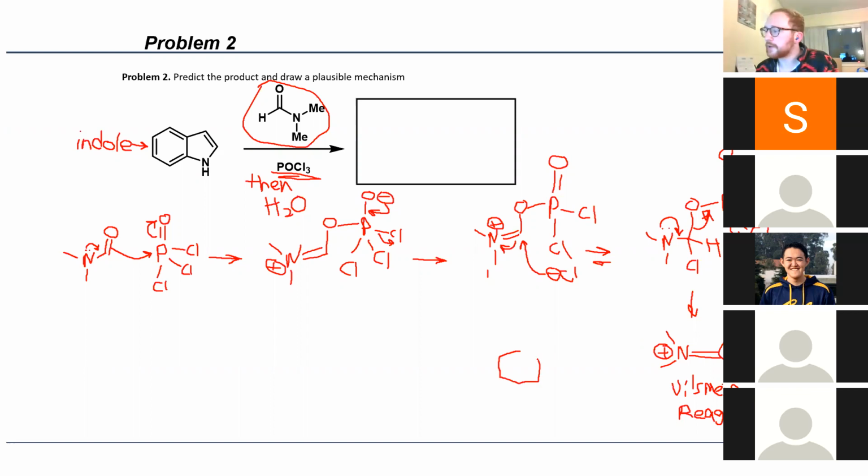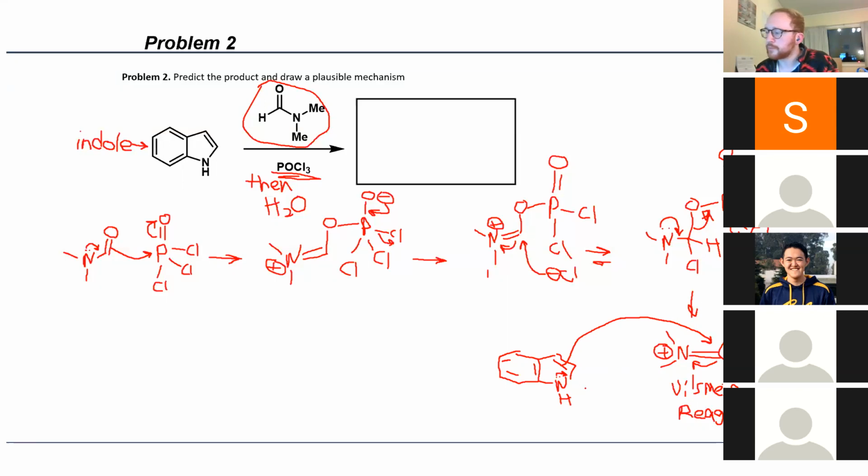So now that we have an activated electrophile, we can react that with our nucleophile of choice. In this case, this is the indole. And so if we look at our notes, we'll see that indoles are nucleophilic at C3.